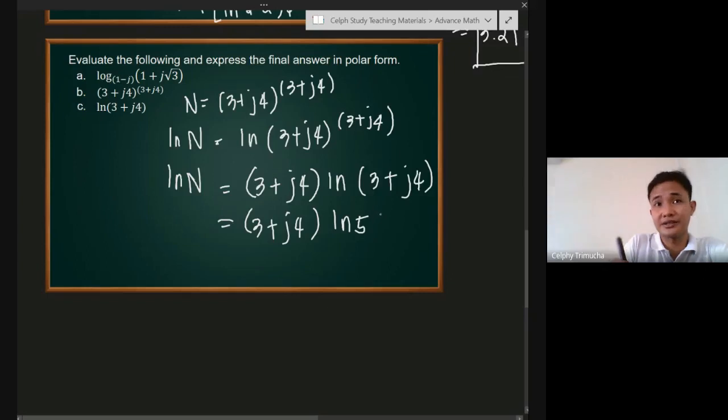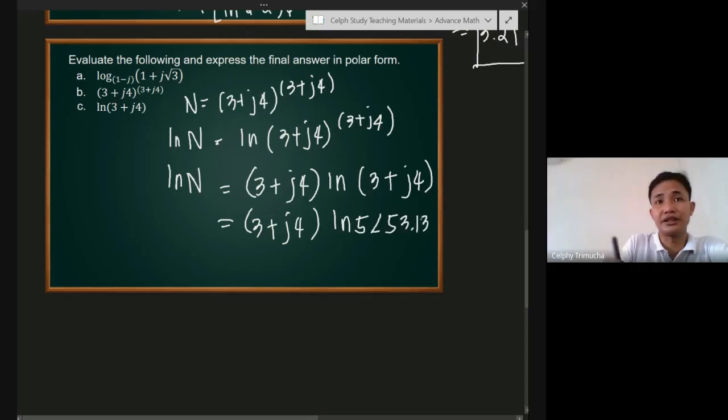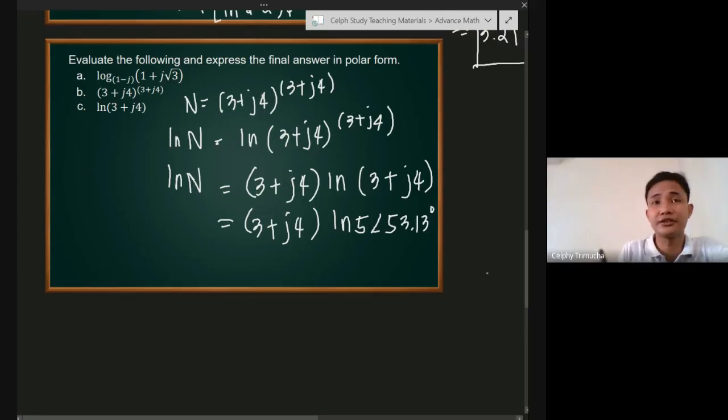Ang goal natin is angle 53.13 degrees. So, we have ln of n. Yung magnitude 5, angle 53.13 degrees.